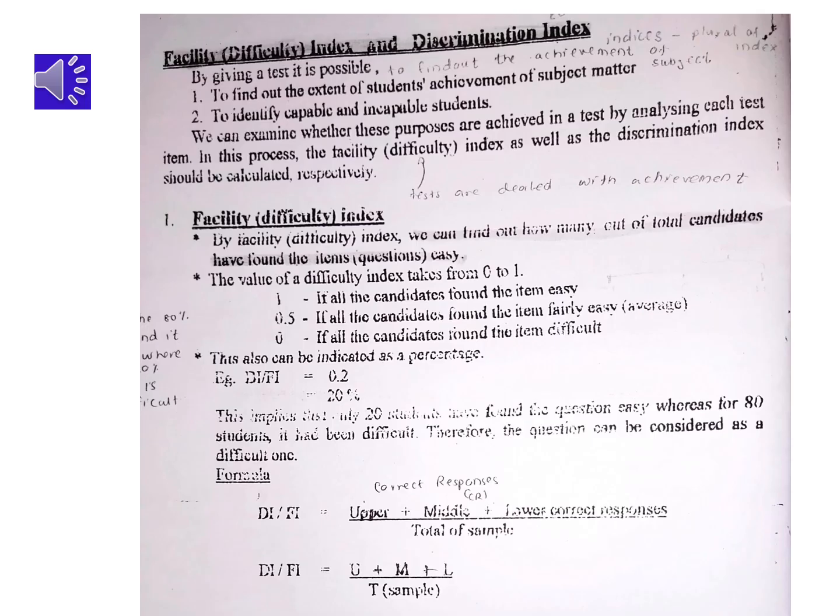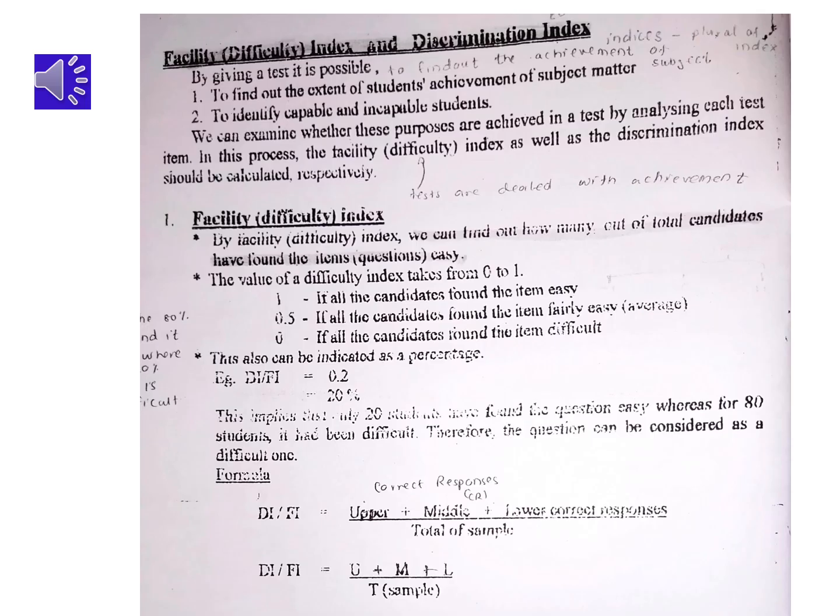What do you mean by item? The question. So if there are 40 MCQs, we have to analyze all 40 MCQs, one by one. Then we can know how much the students have found the lesson easy, and we can identify the clever students from the weaker students.